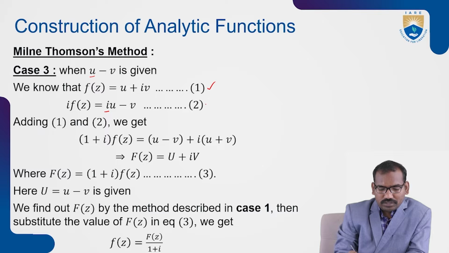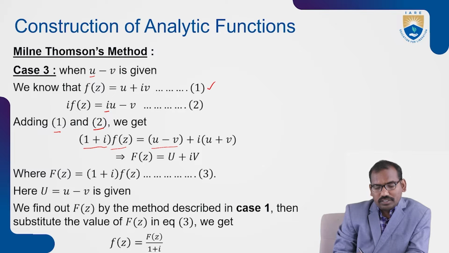In the next step, we add equations 1 and 2. So you will get 1 plus i times f of z. On the right hand side, you will get u minus v, which is the real part of 1 plus i times f of z, and the imaginary part is u plus v.